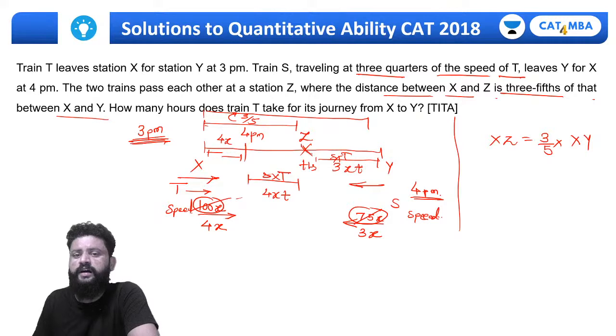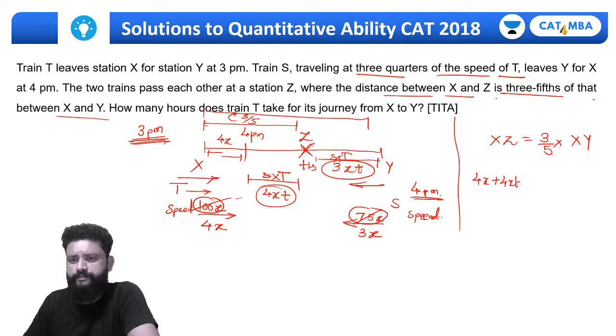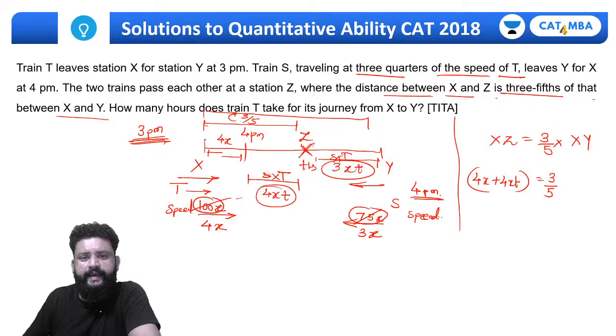So I can say xz is 4x plus 4xt, and this must be equal to 3/5 of xy. xy कितना है, x से लेके y, which is 4x plus 4xt and 3xt, that is 7xt.